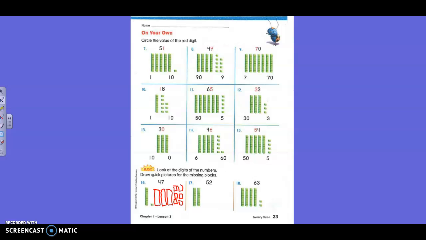We need 5 tens. So how many more do we need? 3 more. And how many ones do we need? 2 more.